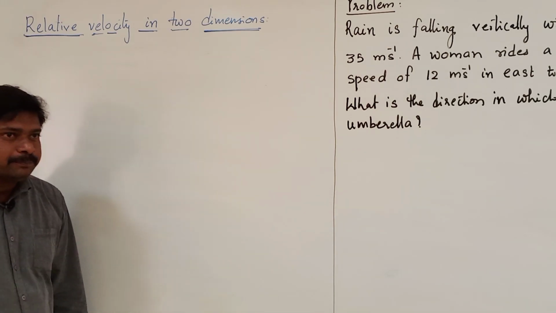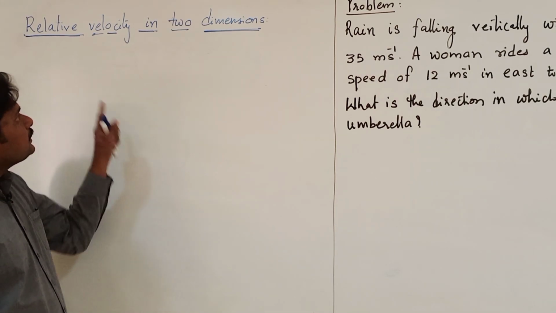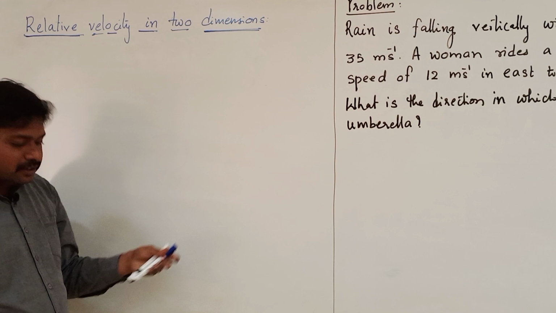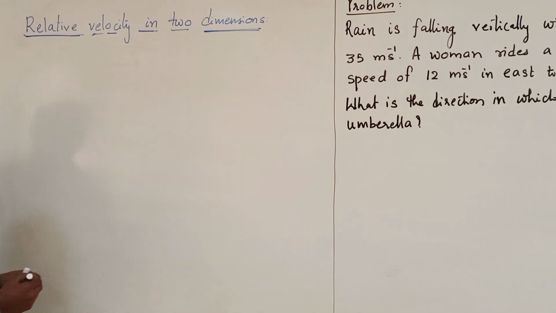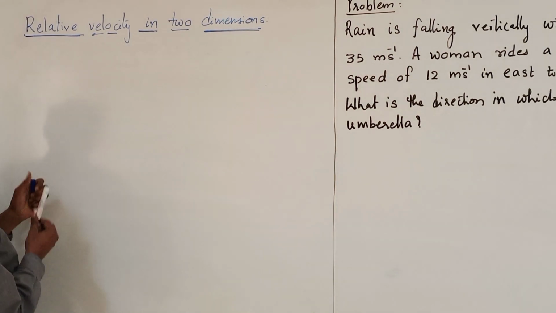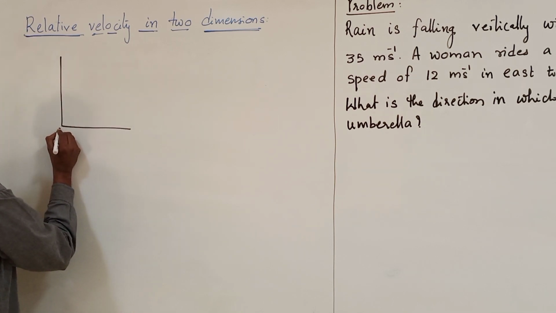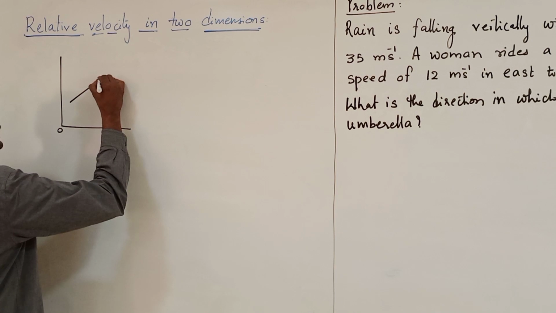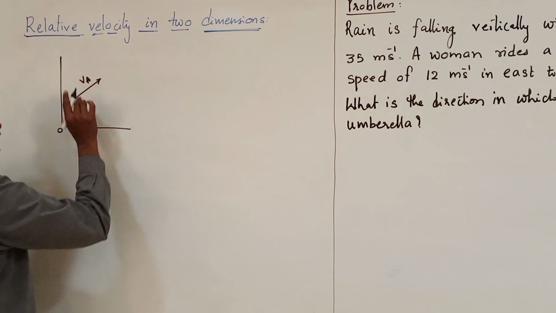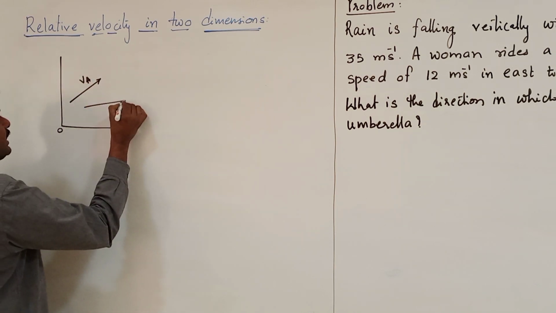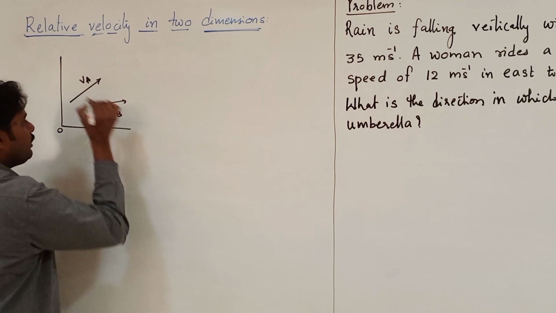In the last chapter, you had seen the relative velocity in one dimension. Now, if you consider the relative velocity in two dimensions, what happens? Let's say a frame of reference. This is the velocity of A in two dimensions, and this is the velocity of B in two dimensions.